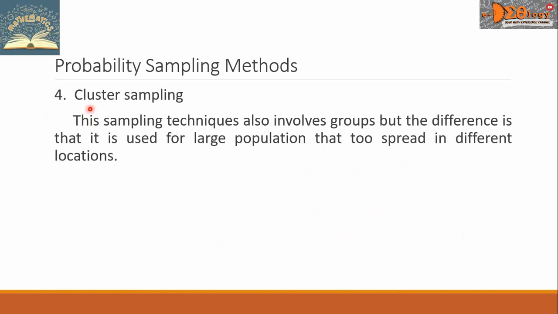Number 4 is cluster sampling. This sampling technique also involves groups, but the difference is that it is used for large populations that are spread in different locations.